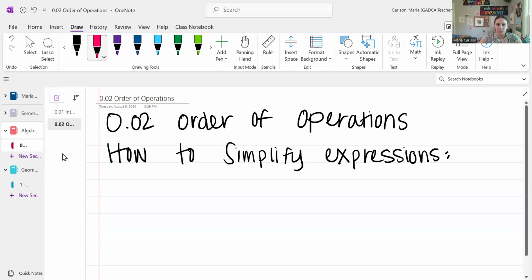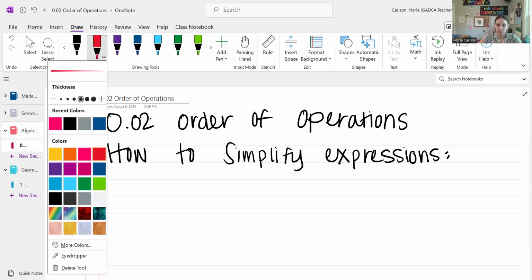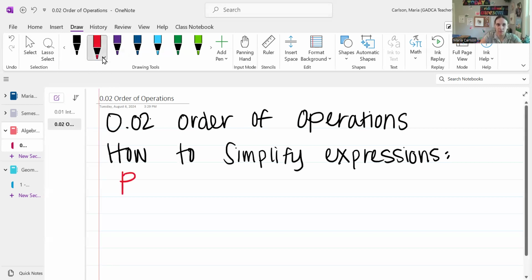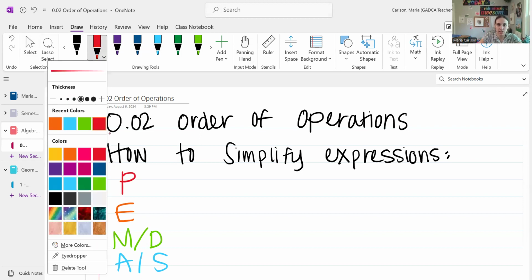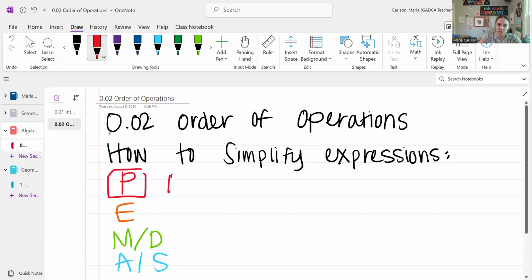And our order of operations, y'all are often very familiar with PEMDAS. So P, E, M/D, and A/S. So let's start by talking about the P. P stands for parentheses, which really just means methods of grouping.